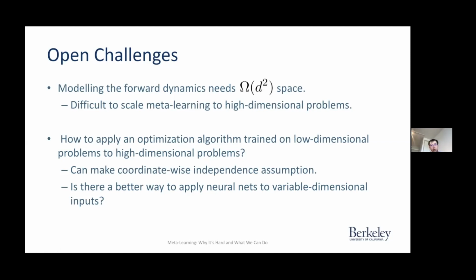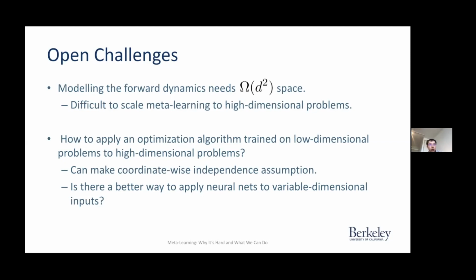Of course, you can try to make assumptions, like a diagonal assumption, but that's a modeling assumption that may or may not be accurate. And if you don't want to make that assumption, then it is difficult to scale meta learning to higher dimensional problems.